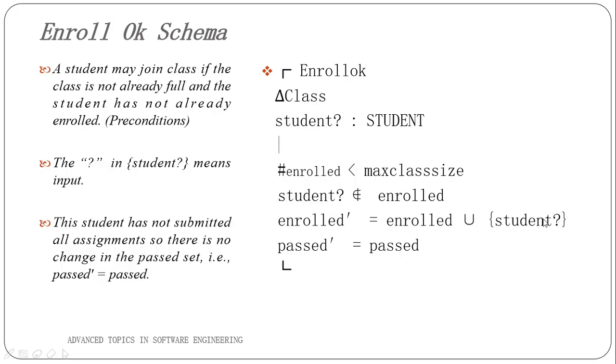It means this student will get enrolled in my Z class if and only if these two preconditions are satisfied, that is, number of enrolled is less than max class size, and student input does not belong to the set enrolled. And my pass dash remains equal to pass, because a new student has not submitted his or her assignments till now, so there is no change in the pass set. That's why pass dash equals pass.